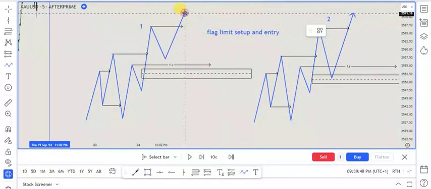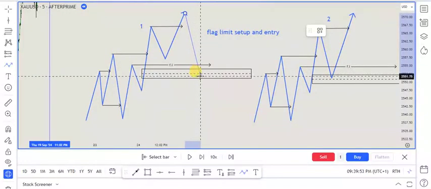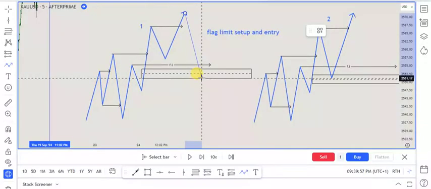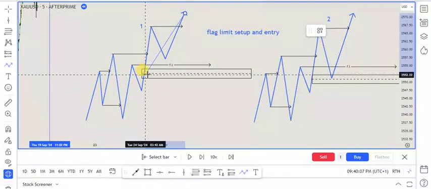Price will come down and hit the lowest part of the fair value gap, or the order block. There will be an order block just below the fair value gap, you understand.